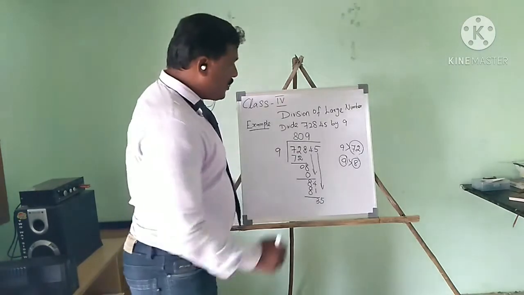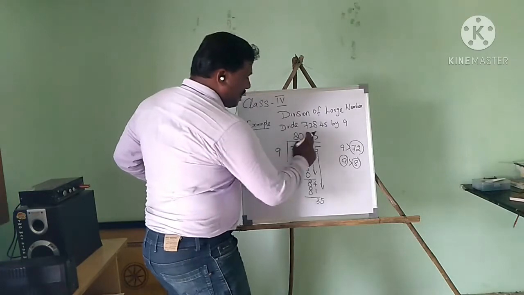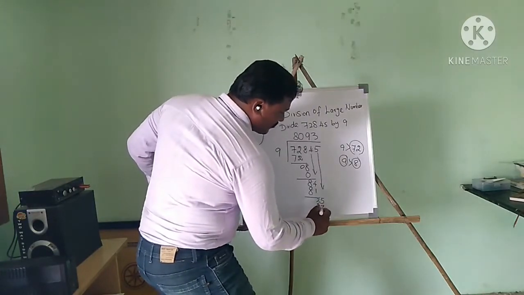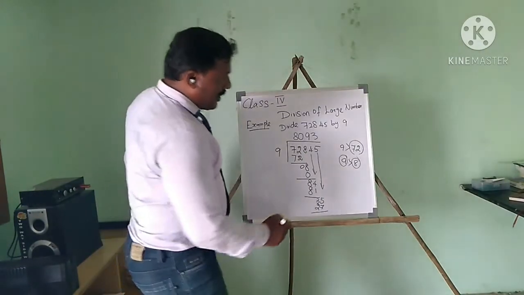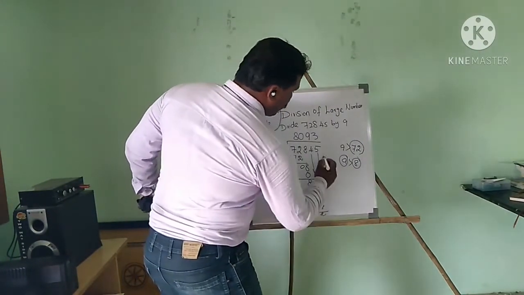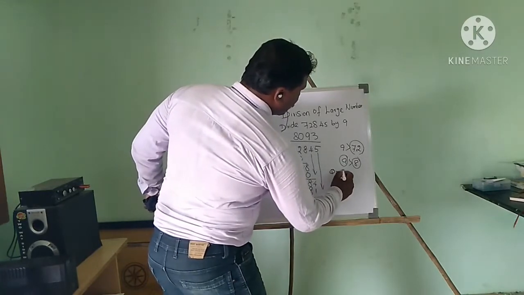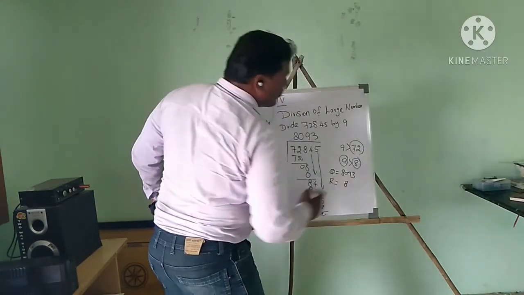If you subtract 35 minus 27, you get 8 as the remainder. So the quotient is equal to 8093, and the remainder is equal to 8.